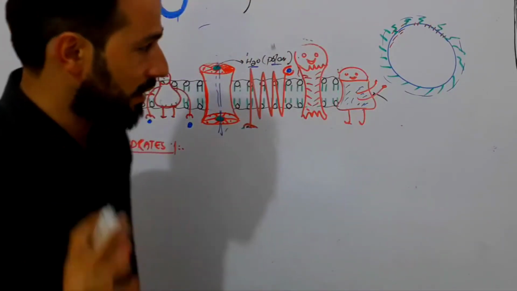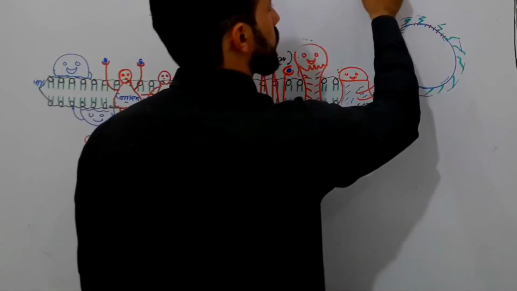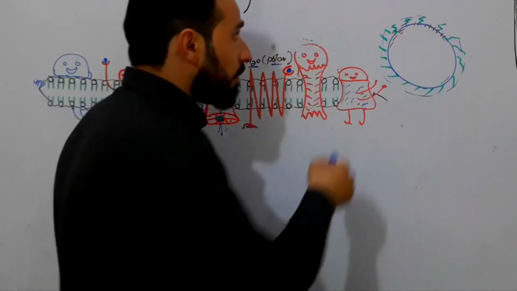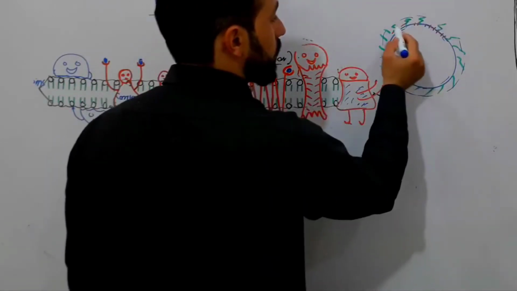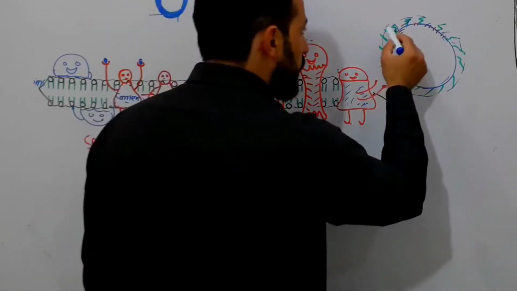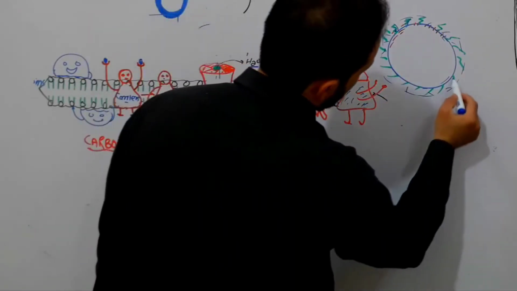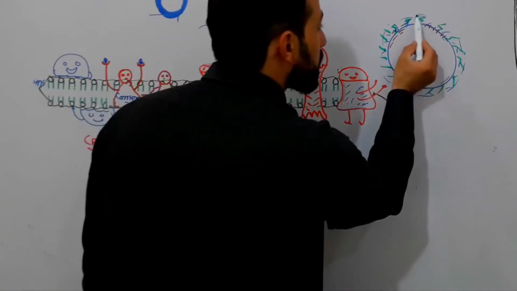What is glycocalyx? Listen again. Our cell membrane is composed of proteins and lipids, and with these there is 5% of carbohydrates also present. These carbohydrates are present all over the cell membrane, not in one specific location.